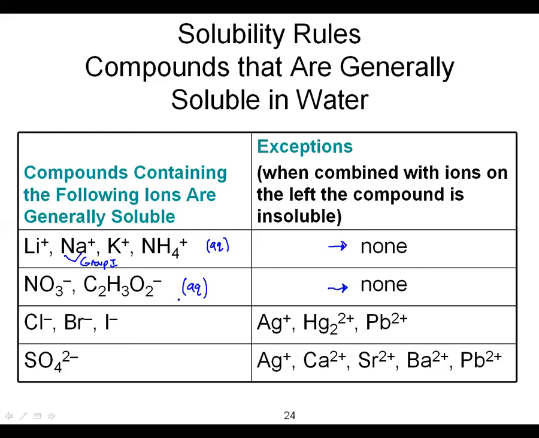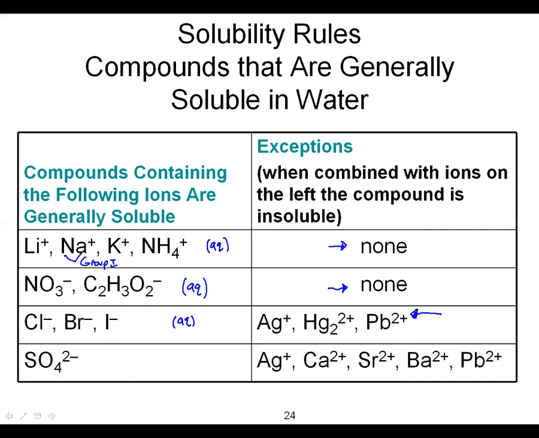Now, if you see chloride, bromide, or iodide in a chemical formula, those are going to be soluble, so they get the aqueous symbol. But there are some exceptions.